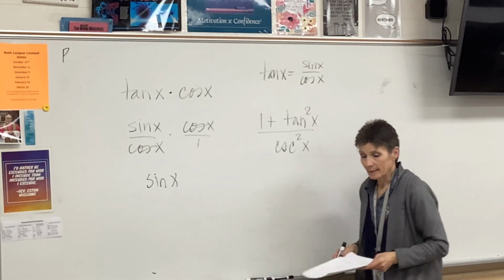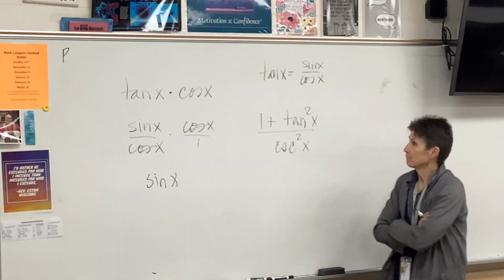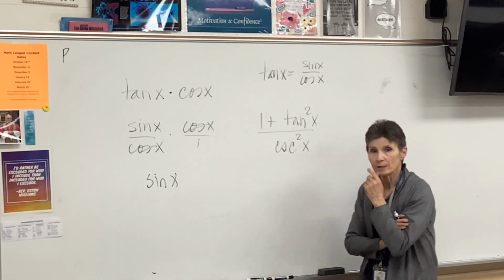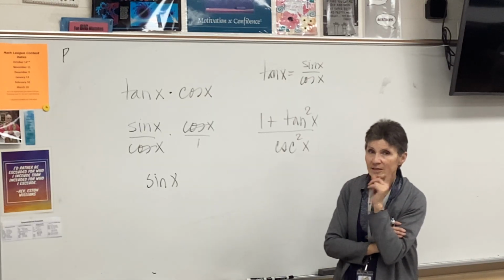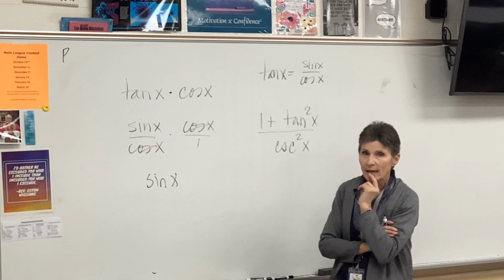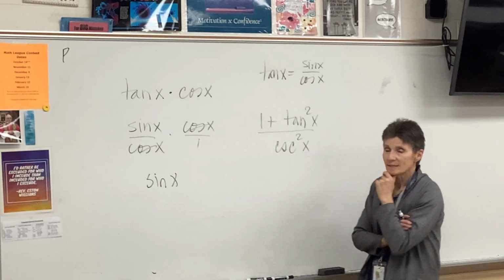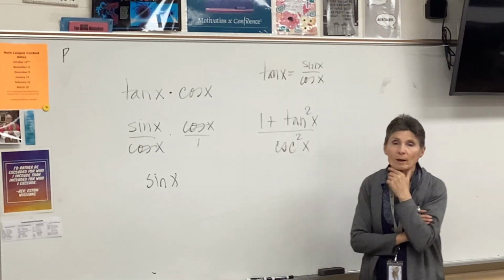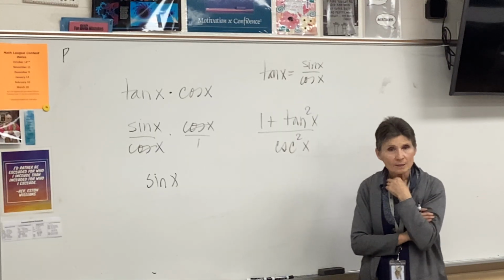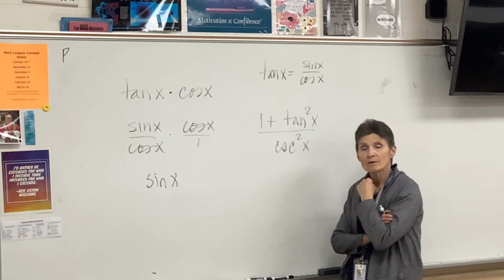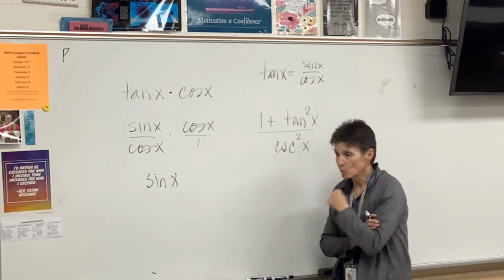All right, now let's think about this for a minute. Let's look at our reference sheet. You don't have to write anything. This one is right there. Look at it. Do you see on that sheet 1 plus tangent squared anywhere? Why, you do. 1 plus tangent squared is secant squared.